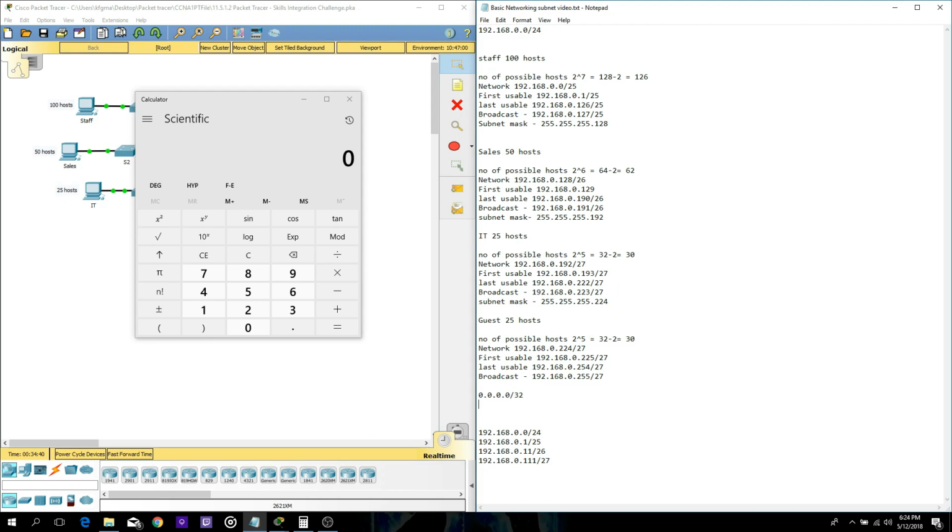We already know that each octet is 8 bits, so it looks something like this, and if we add those all up, it's going to equal 255. So slash 32 is the maximum number that you could get.